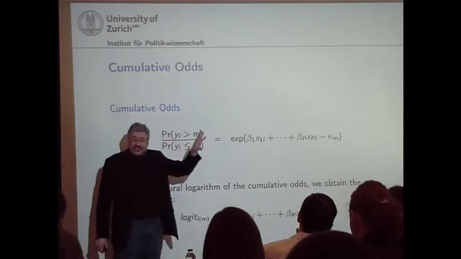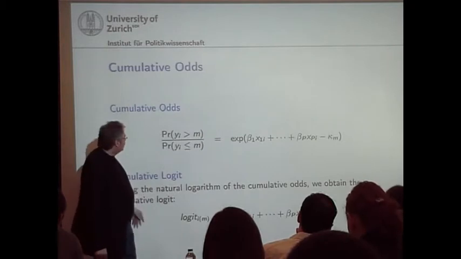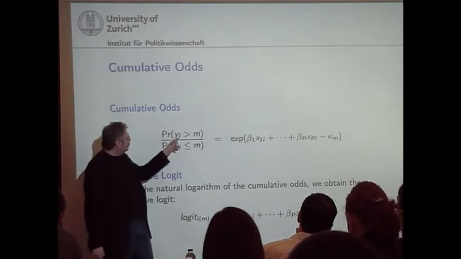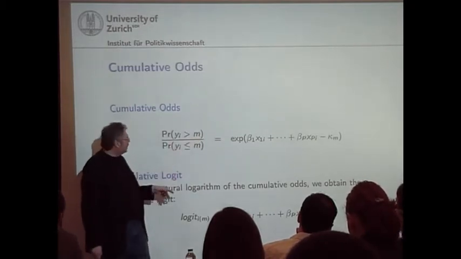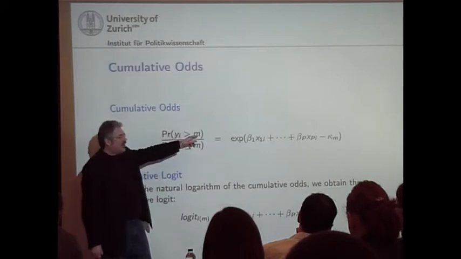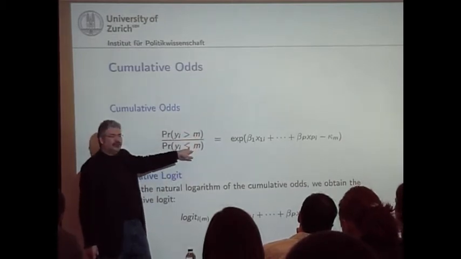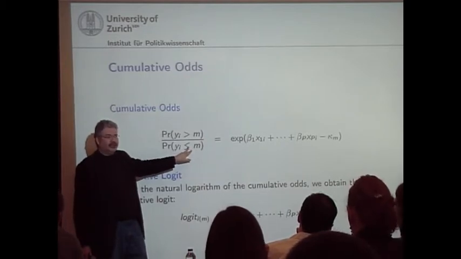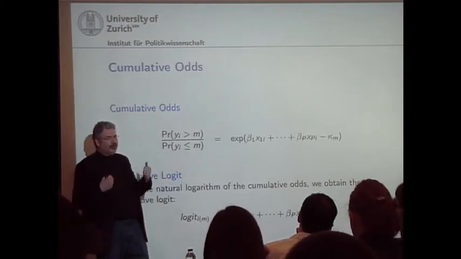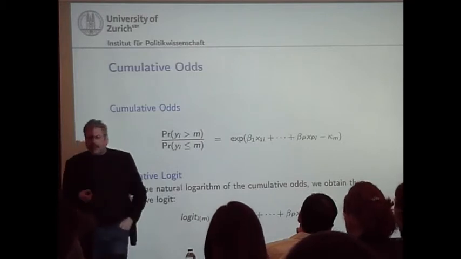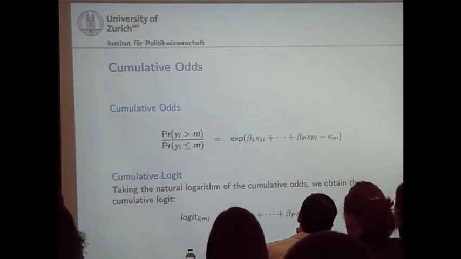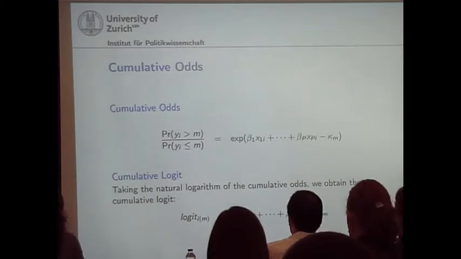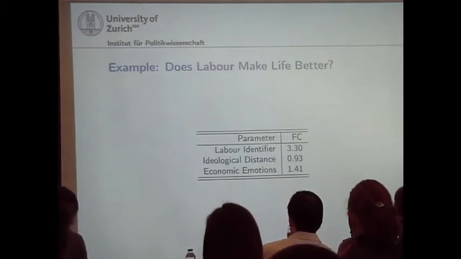That's affected in the same way as when I say, what's the odds of scoring greater than 2? That is, what is the odds of saying I agree with the statement versus I feel neutral or I disagree with the statement. That's hard to wrap your brain around. But that's a fundamental attribute of this odds ratio under parallel regression.